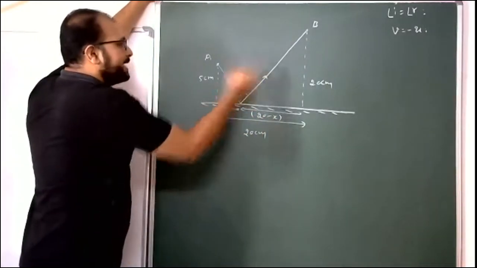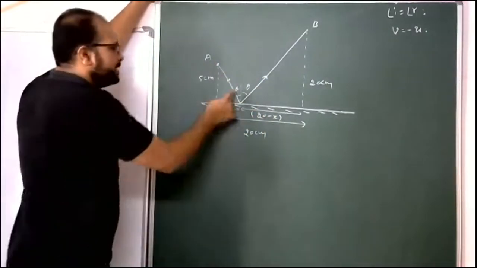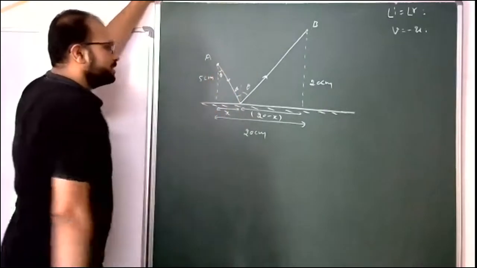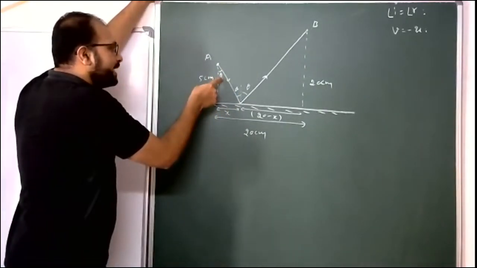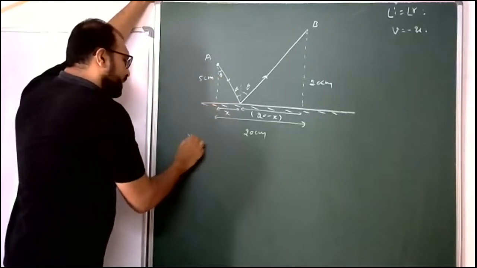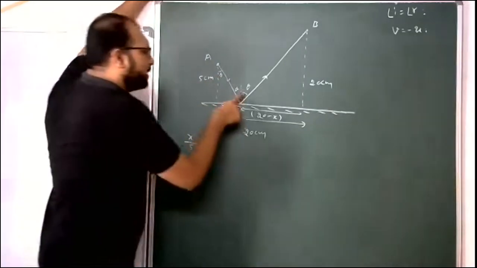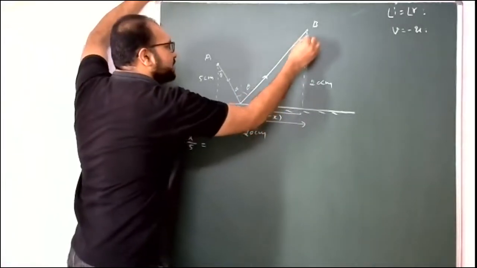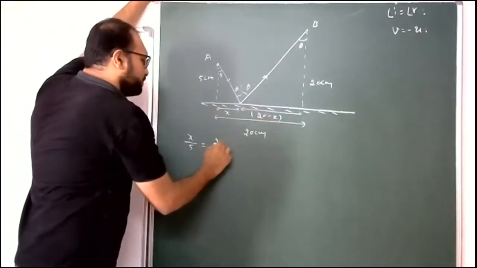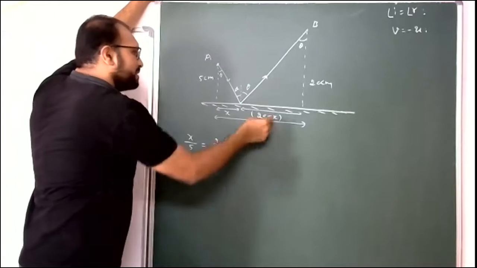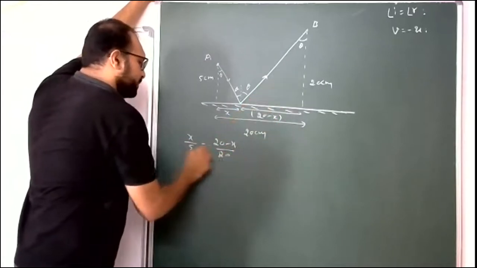Now, two right angle triangles. This angle theta, this angle also theta. Tan theta equals x by 5. Same here, this is also theta. Tan theta equals (20 minus x) by 20.